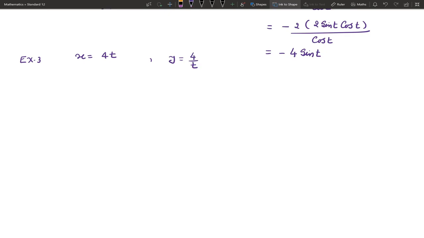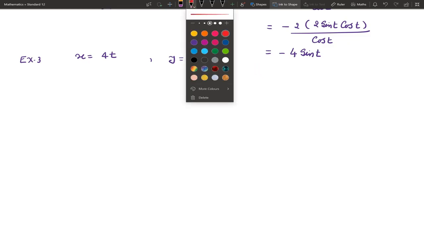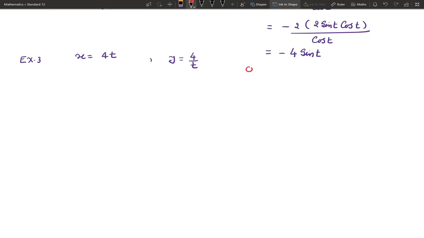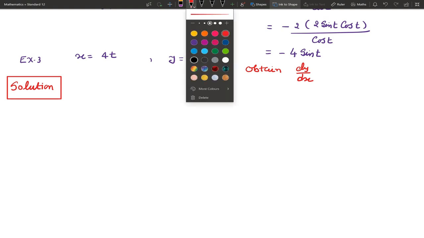Obtain dy by dx. Solution. We have given x equal to 4t. Here t is the parameter.